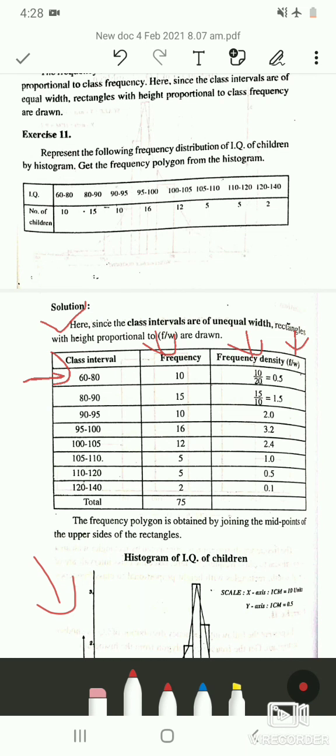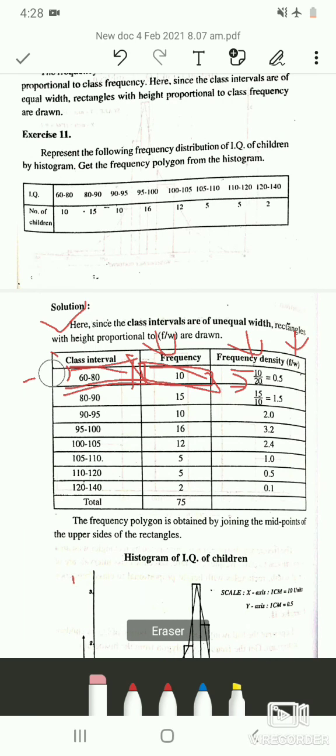So the frequency density for the first class interval: the given frequency is 10. What is the difference in the class interval? That is upper limit minus lower limit, which is 20. So the frequency density will be 10, that is the frequency, divided by 20, that is the width, which is 0.5.